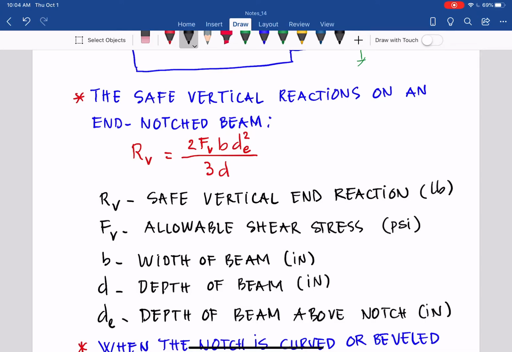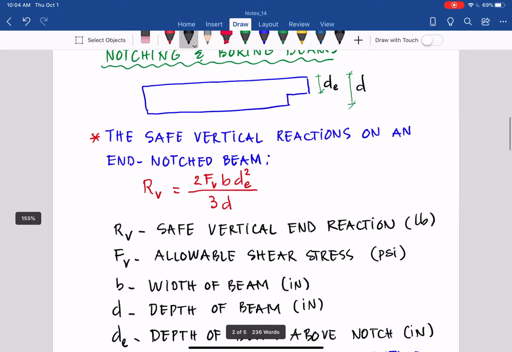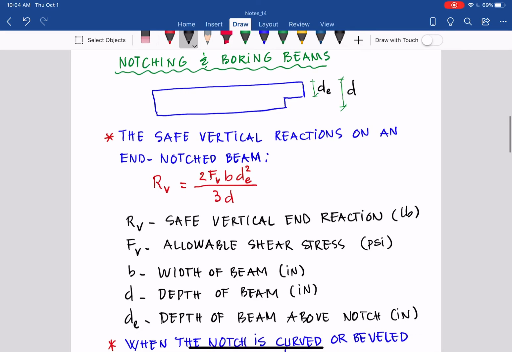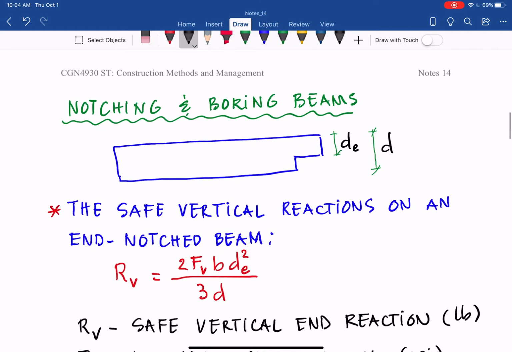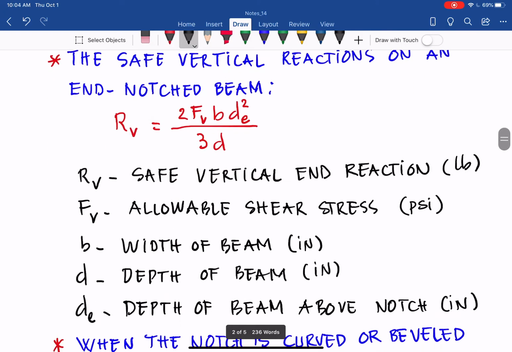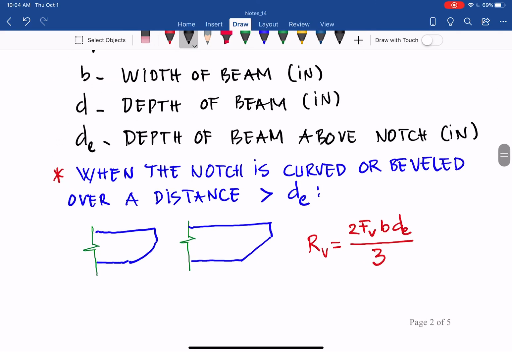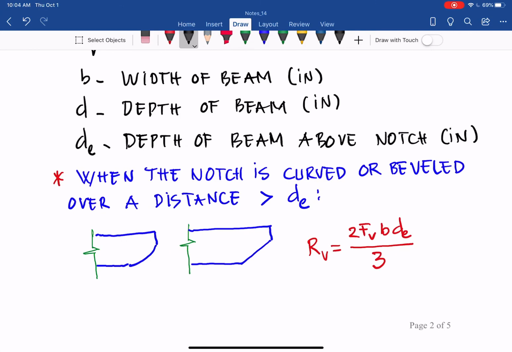depends on the type of wood that we are working on, B is the width of the beam, D is the depth of the beam, and DE is the depth of the beam above the notch as defined in that figure. You also saw that in the previous lesson video. When the notch is curved or beveled over a distance greater than DE, what does that mean?